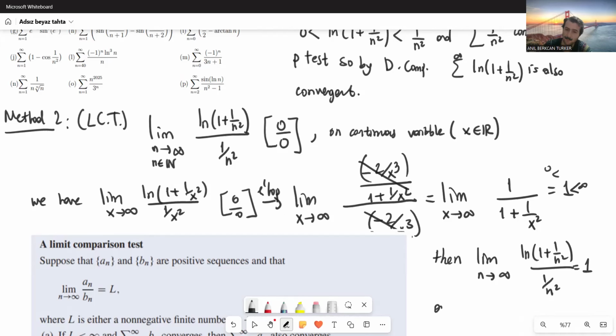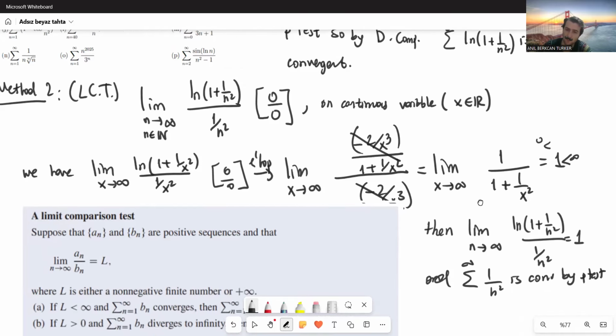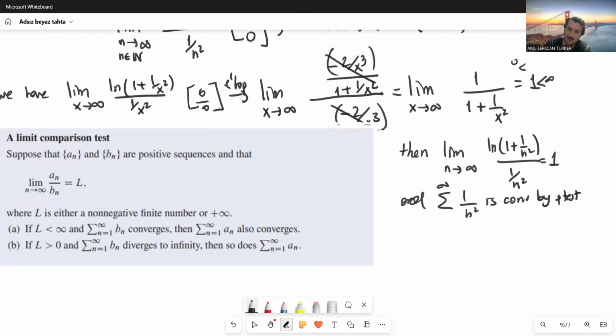And by the p-test, right? Because 2 is bigger than 1. And by the limit comparison test, the original series is convergent.